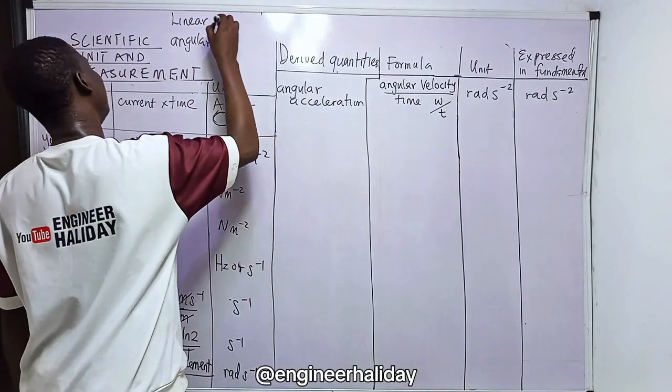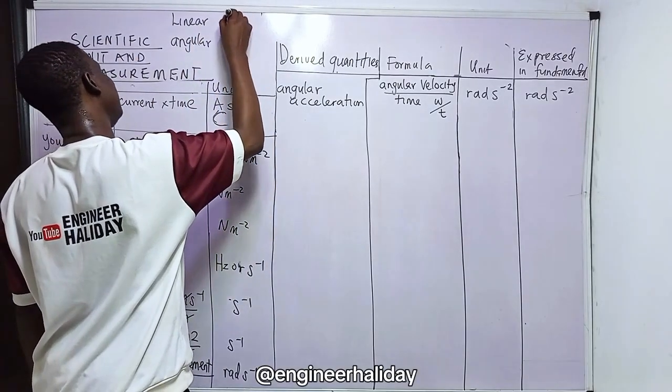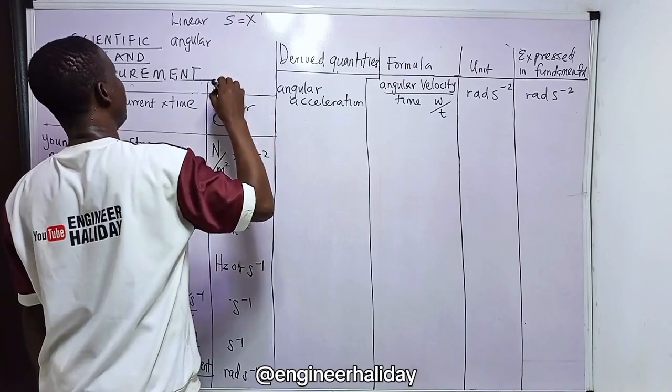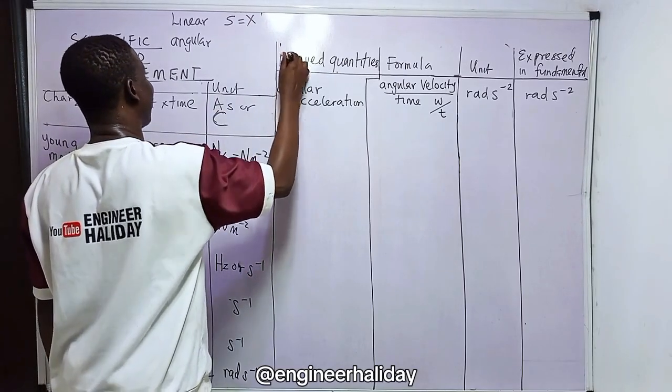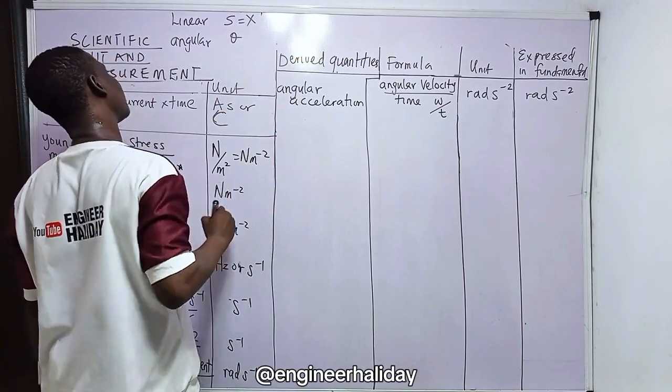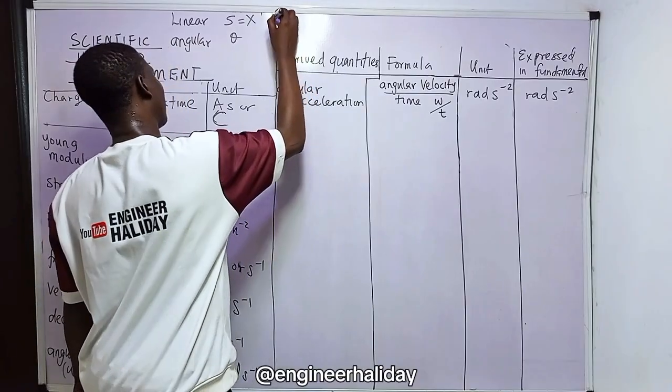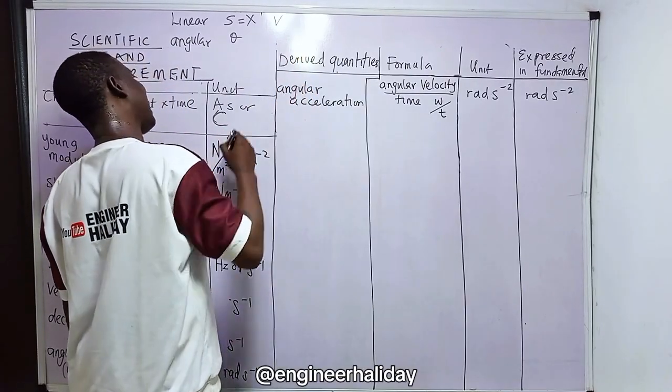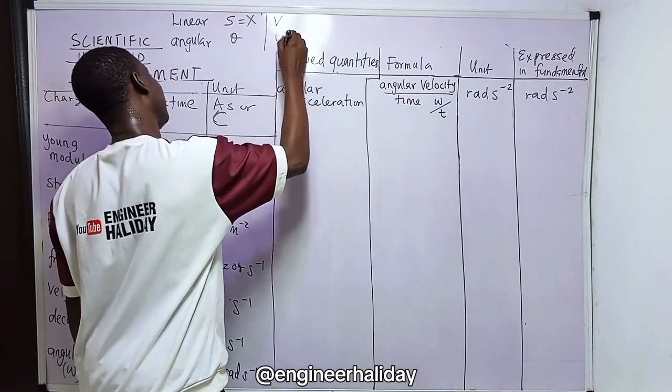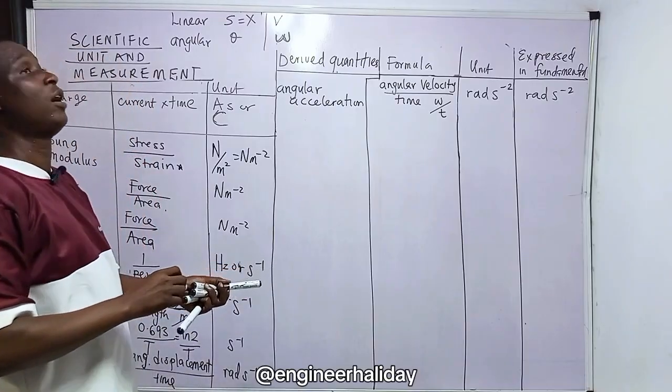In linear, the displacement is x, but in angular we write it as theta. Velocity is written as v, but in angular we write it as omega. What about the next one?